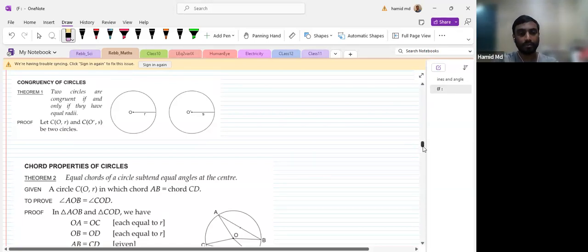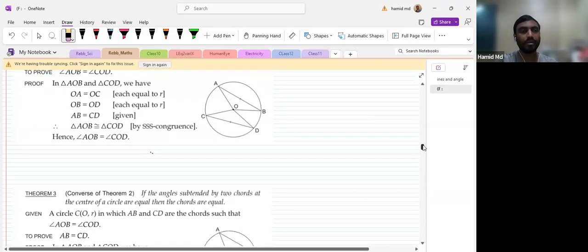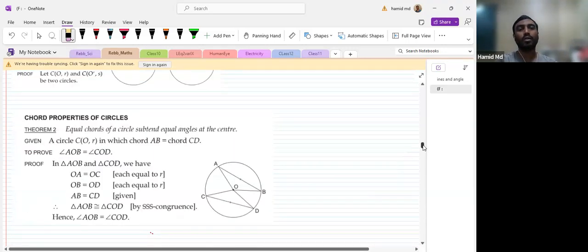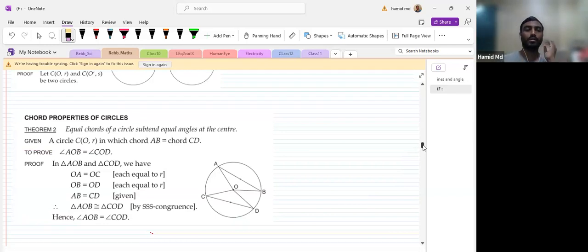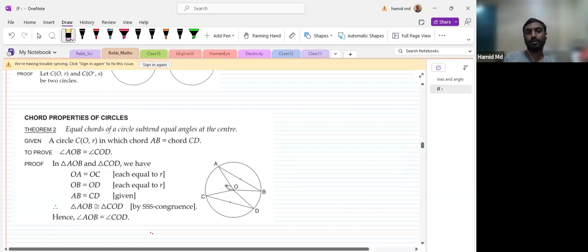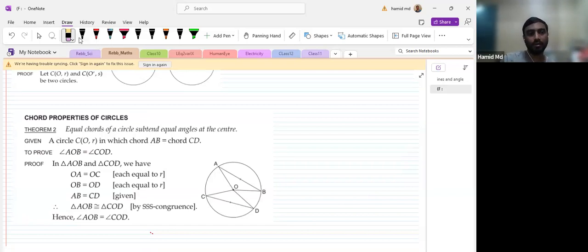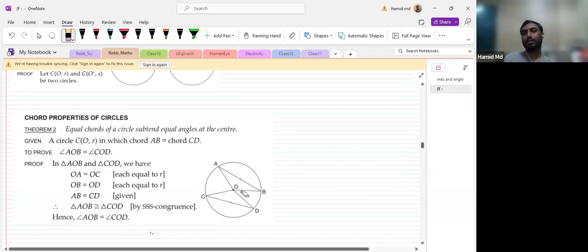The second theorem was: equal chords of a circle subtend equal angles at the center, right? So what are the chords in this figure? AB and CD. Okay, so AB and CD are the chords, and if the lengths of the chords are equal, they will subtend the same angle at the center of the circle, right?